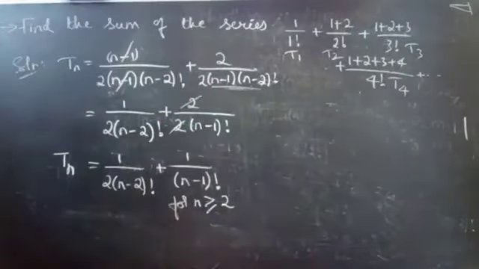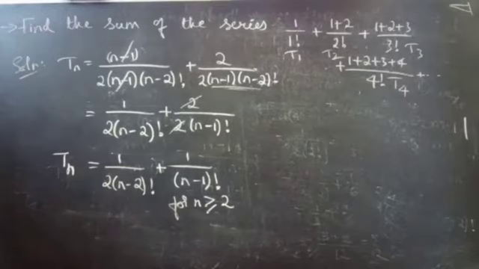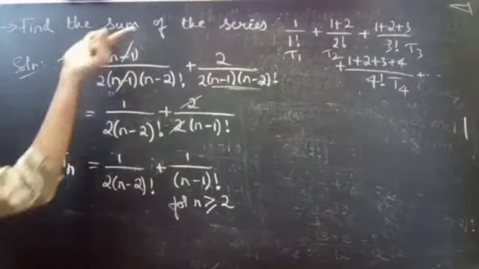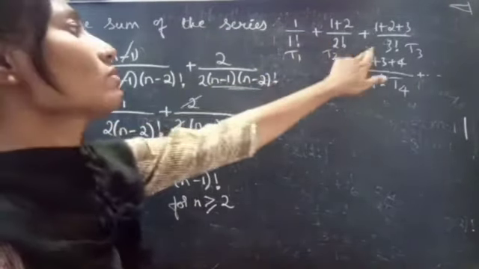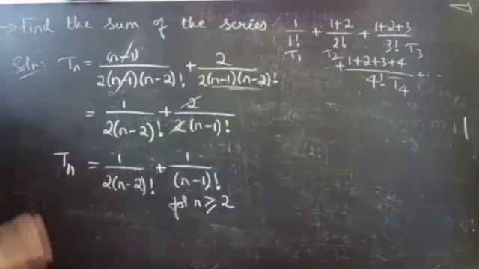Fine. So now we are having Tn. So here what is our main motto? What we have to find here? We have to find the sum of the series T1 plus T2 plus T3 plus T4 plus T5 plus T6 and so on, equals some value, right?